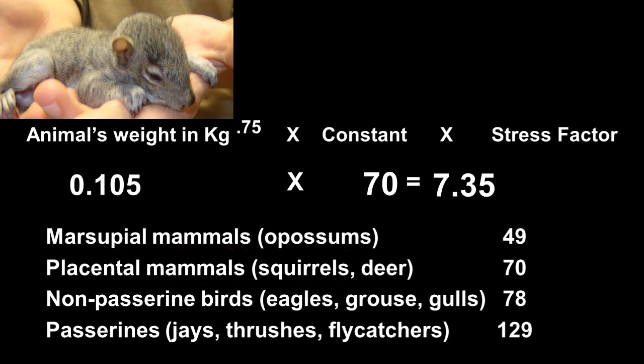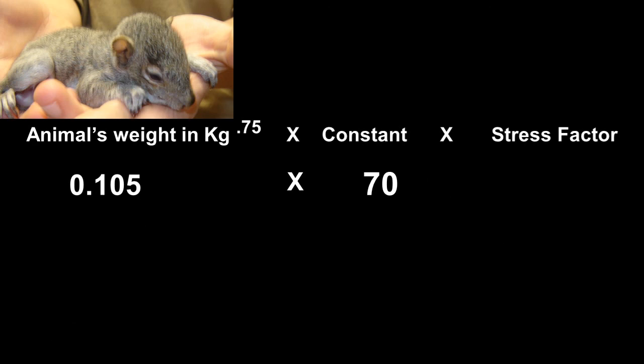As you can see, the constants are different for various types of species. A 50-gram opossum won't need near the calories that a 50-gram songbird needs because their metabolism is much higher. But any animal needs more than its metabolic base depending on what's going on in its life. A growing baby will need more calories than an adult.